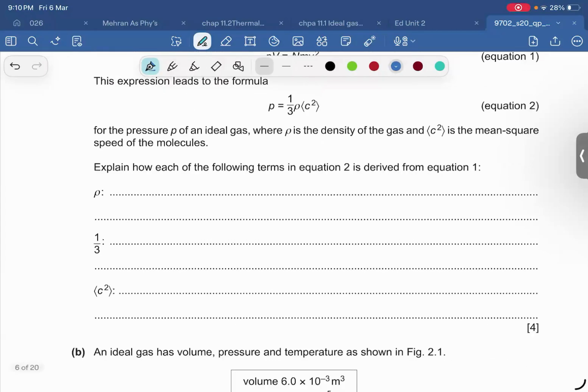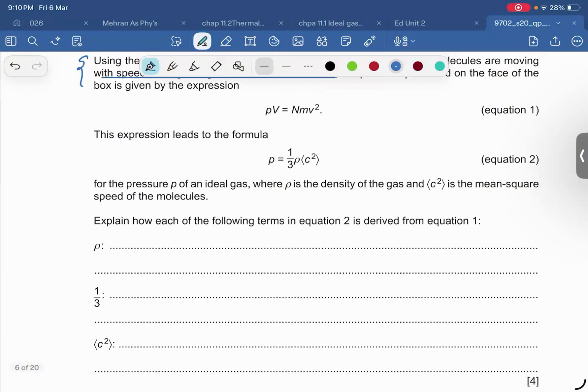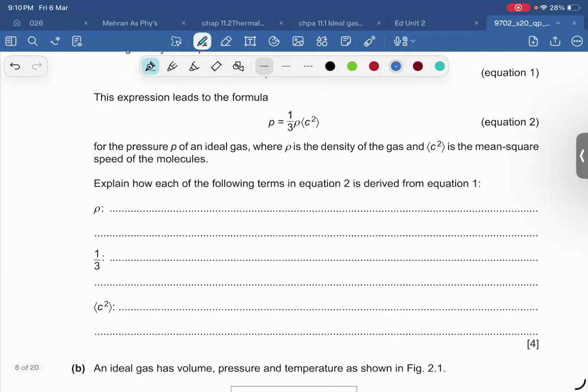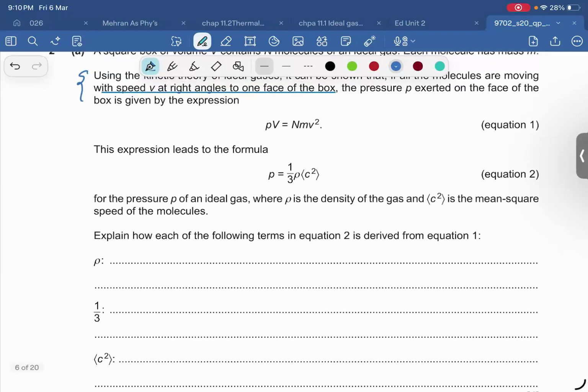There's a 1 over 3 term, and there's rho, and there's the root mean square speed. For density, we know that density is mass over volume. That is for one molecule.